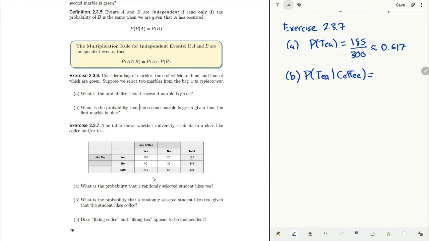To find this probability, we look at just the number of students that like coffee, which is 245, and we want to find the number of students which also like tea. This will be 165, and we divide this by 245. And as a decimal, this will be approximately 0.673.